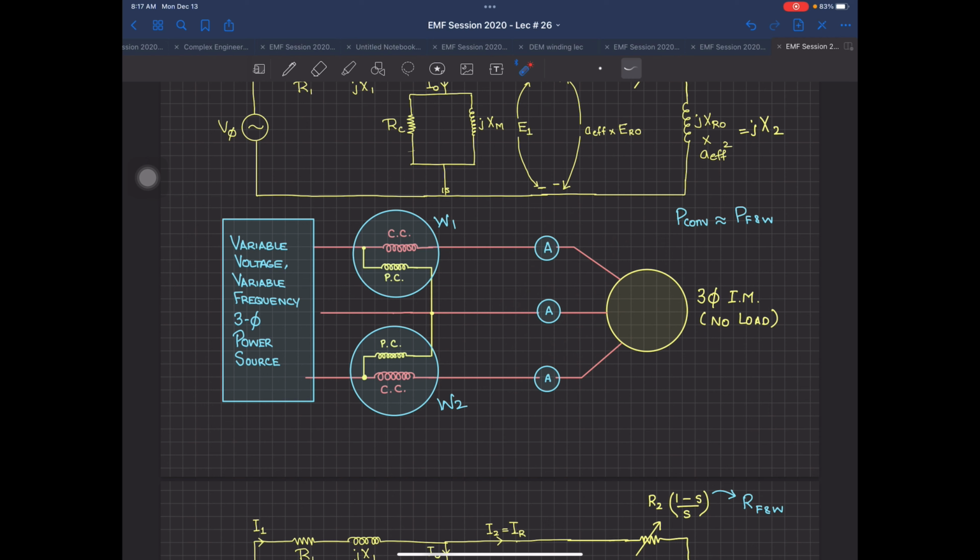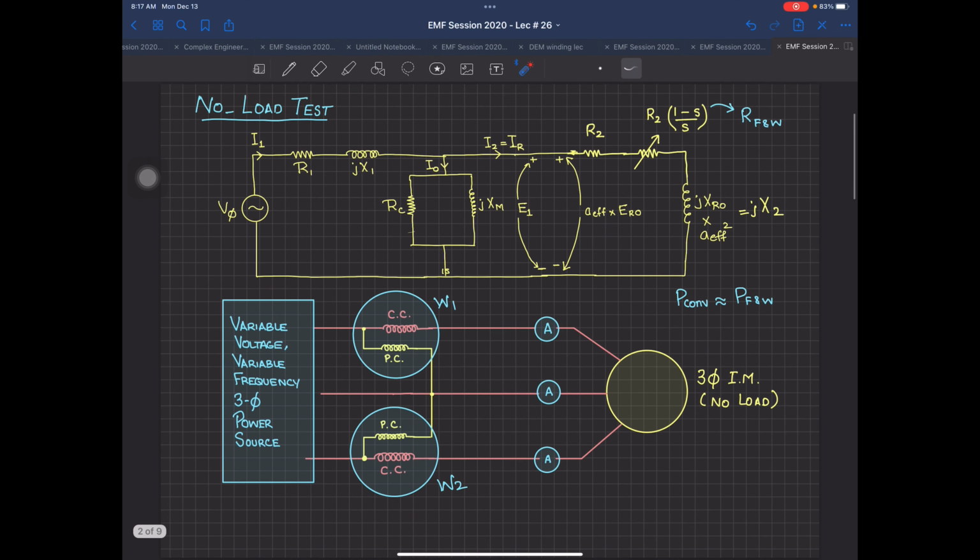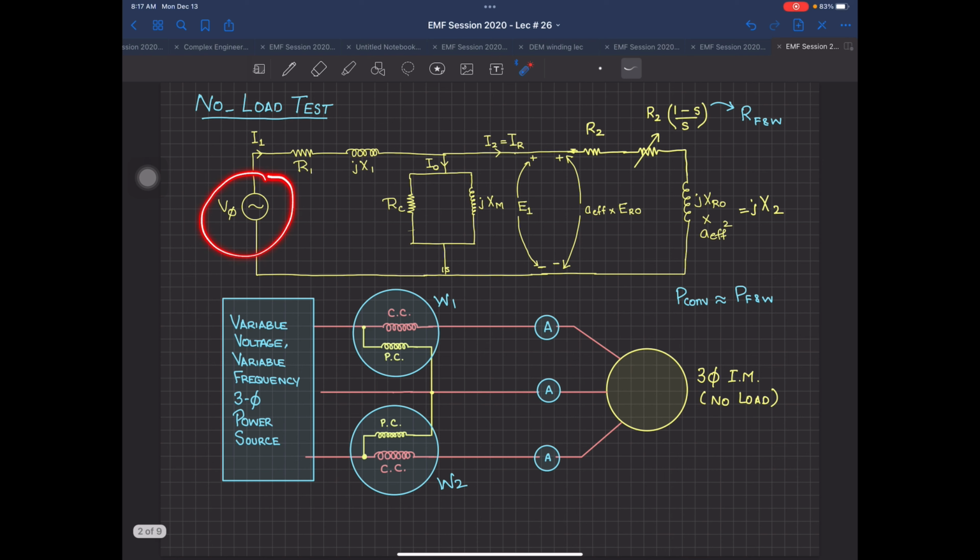But the point over here is that you are actually going to run this machine at no load, that is, at the rated voltage, so that the power which is going to flow in it, and I am interested only in the power P, is going to be used inside this R1.